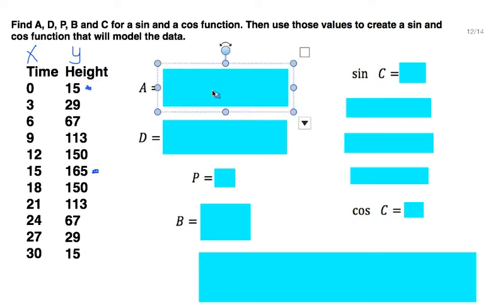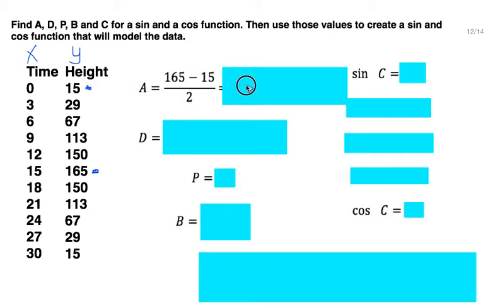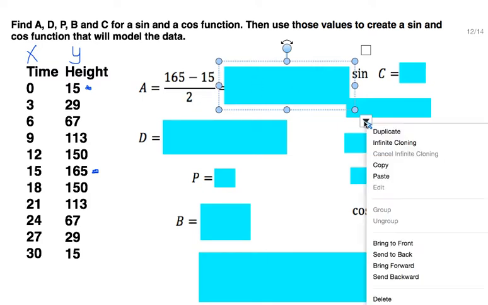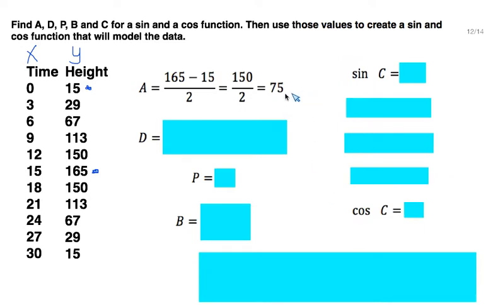So we're going to subtract them, and then we're going to divide by 2. So the formula to find A is maximum minus the minimum divided by 2. And when you do that, you can plug it all into your calculator, and you should get 150 over 2, which equals 75. So your amplitude, or your A value, is 75.